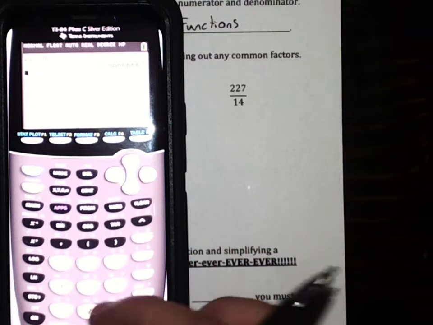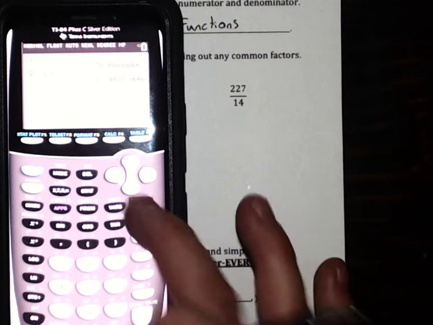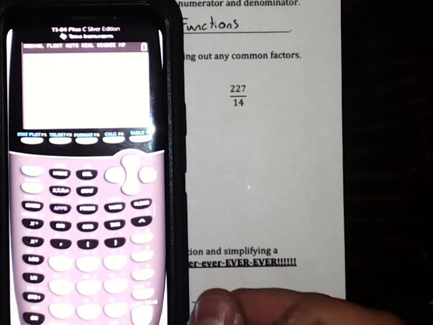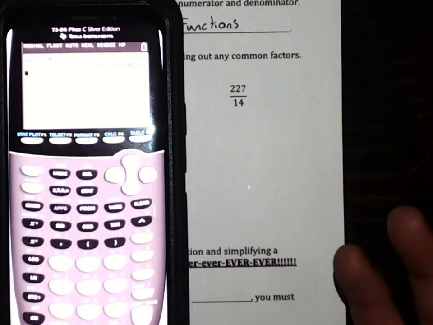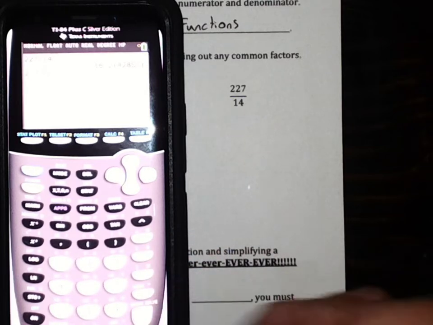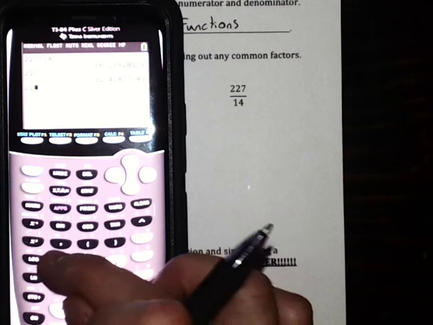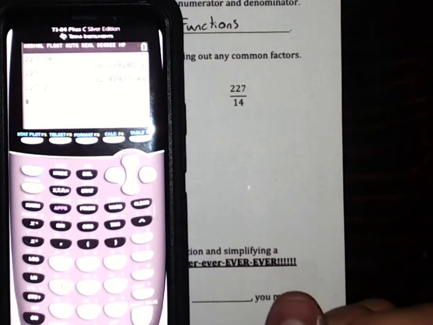Nothing divides into 227. Definitely not 14. The only things that divide into 14 are 14, 7, and 2. So take 227, divide it by 14, and that doesn't work. Take 227, divide it by 7. That doesn't work. And the last thing that divides into 14 is 2. That doesn't work.